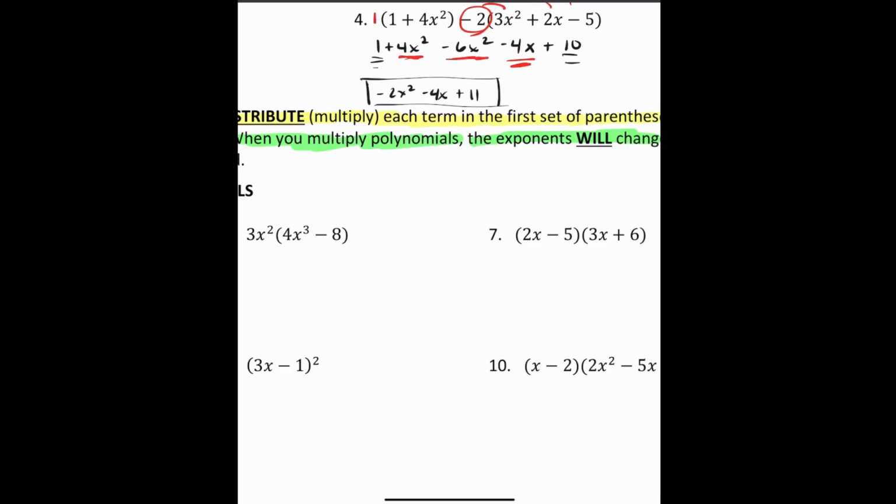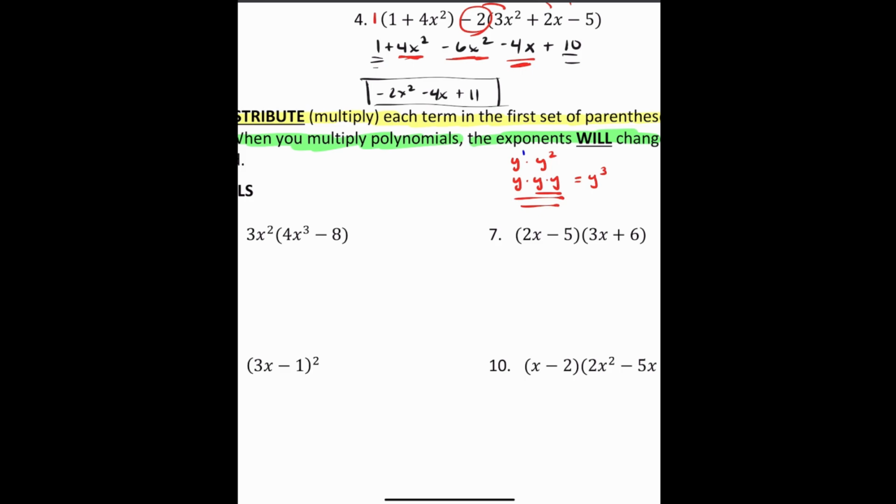So if I were to give you something like y times y to the second power, that's basically y times y times y, because y to the second power is y times y. But there are 3 y's involved. We have y times y times y, which is y to the third power. So if you have the same base and there are exponents involved, this y has a y to the first power, right?